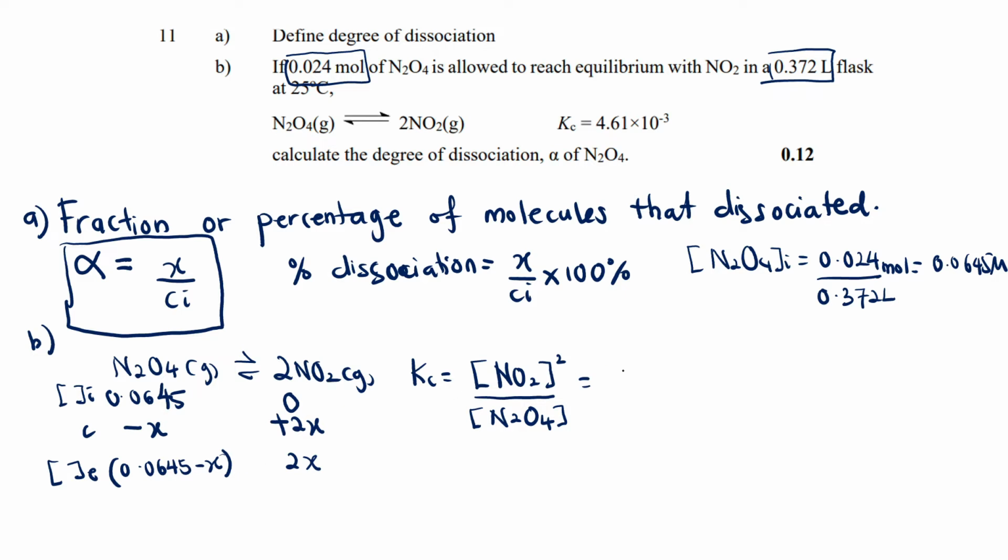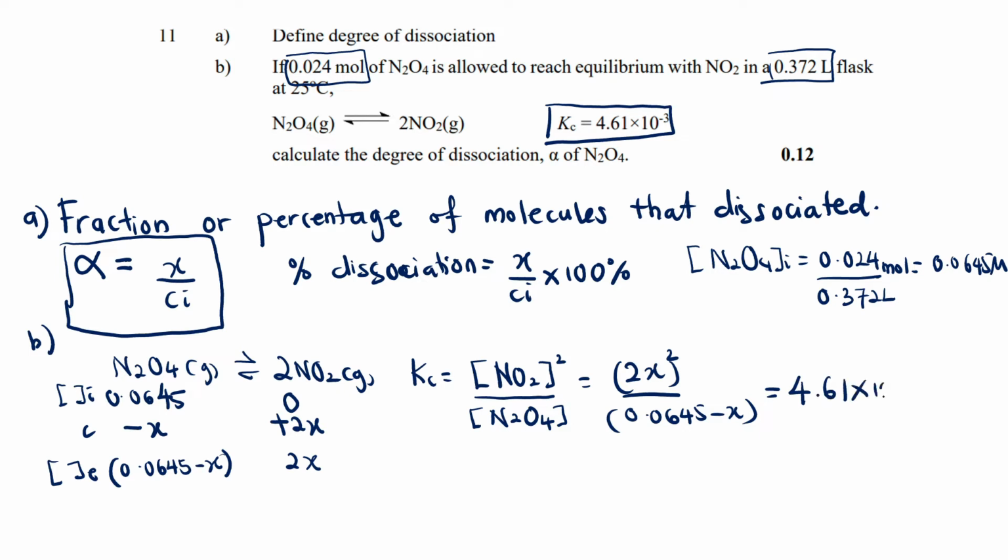NO2 is equal to 2x square over 0.0645 minus x. Ni tiada kuasa, sebab perkali dia satu saja. So which is equal to Kc. The value of Kc given is 4.61 exponential negative 3.